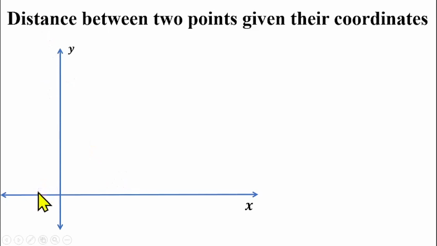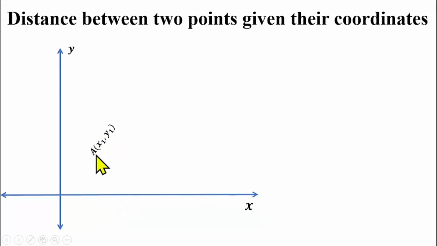Now, for example, look at this graph. I have the y-axis, I have the x-axis. So let's assume that this is our graph. If I have a point here, let's say point A, and the coordinate of point A is x1 and y1.